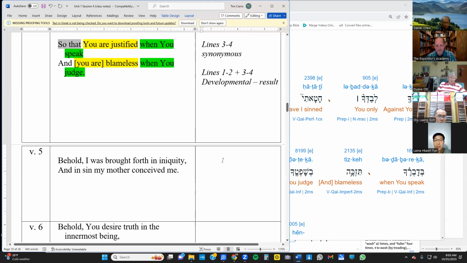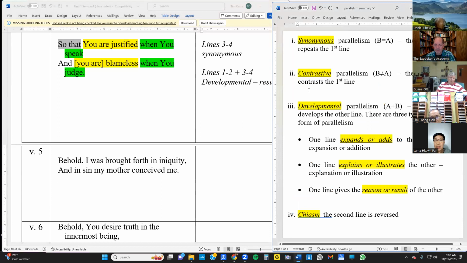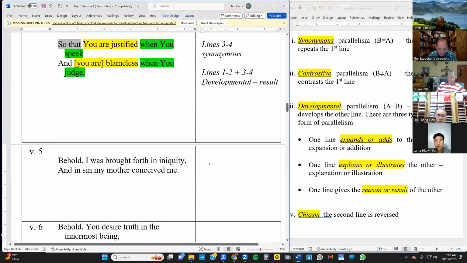So this is parallelism, and also parallelism in chiasm. What kind of parallelism? Is it synonymous, contrastive, developmental? Synonymous, yes. It is in chiasm, right?